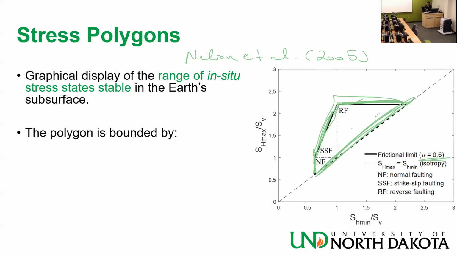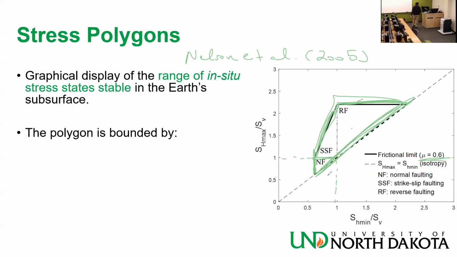Now, within the polygon, this little triangle here is normal faulting stress states, because SH max over SV is less than 1, and SH mean over SV is less than 1. So everything here should be normal faulting. That little triangle at the bottom is normal fault.